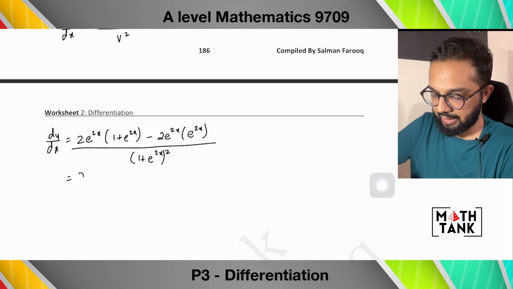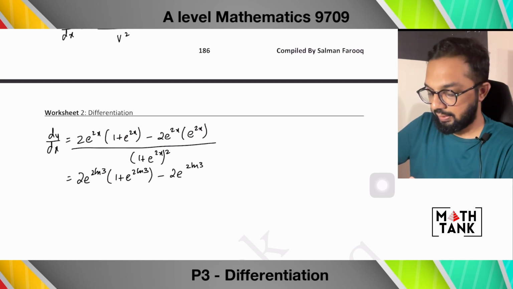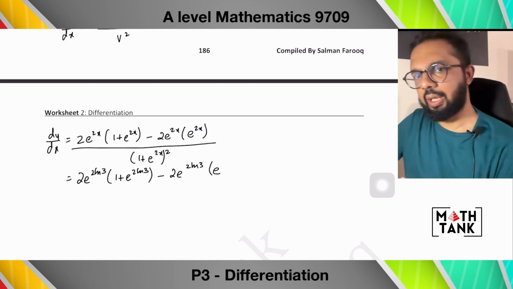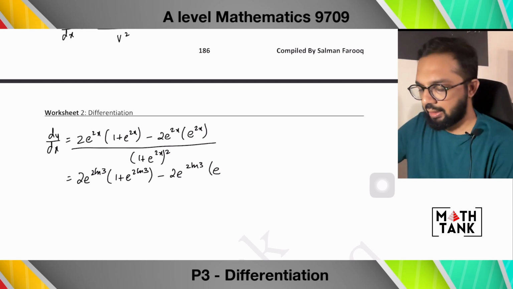So I have to use x as ln 3. ln 3, 1 plus e power 2 ln 3 minus 2 e power 2 ln 3. It would have been easier had I just factorized this first and then plugged in ln 3 instead of x, but this is fine too.